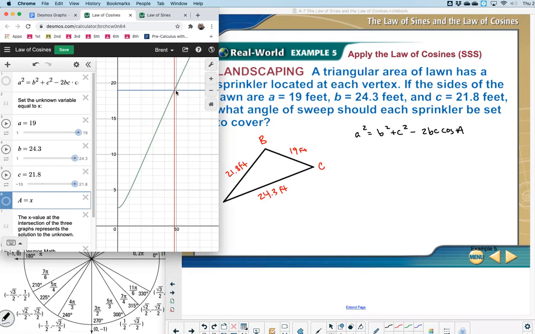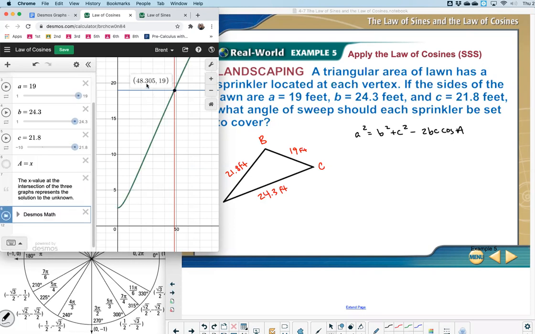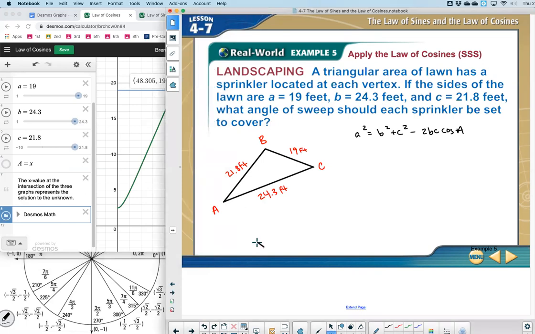It does all this algebra for us, and we find out that angle A is 48.3 degrees. Okay, so that's that angle there.